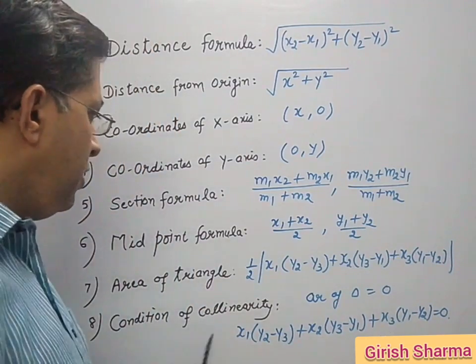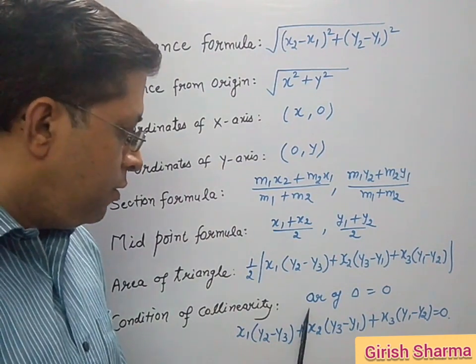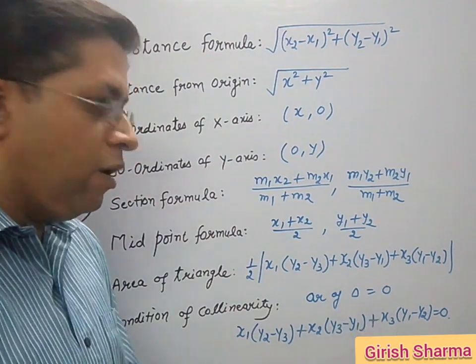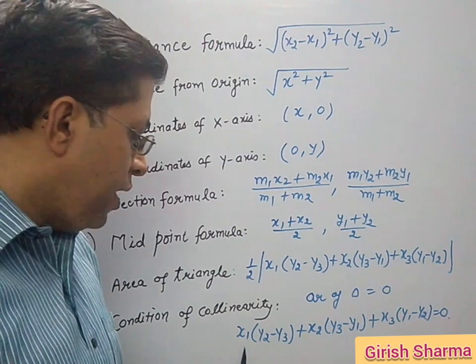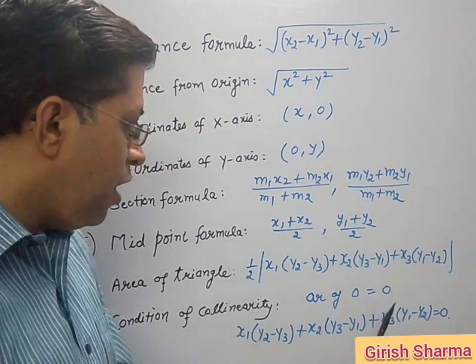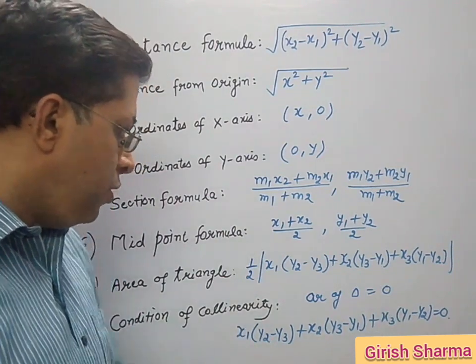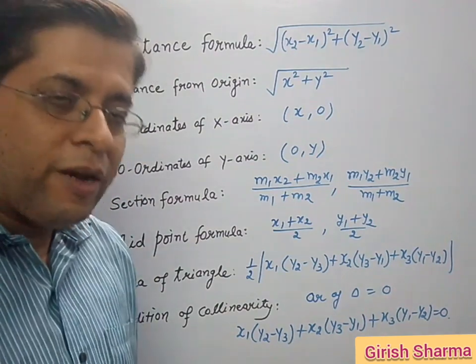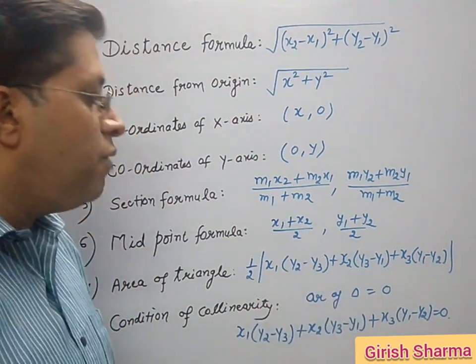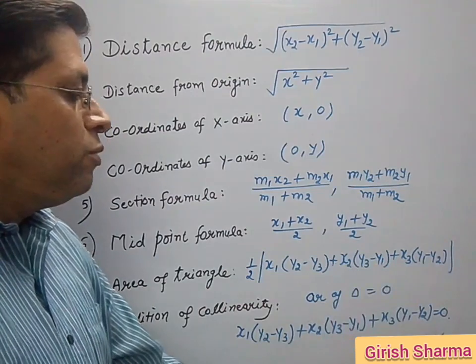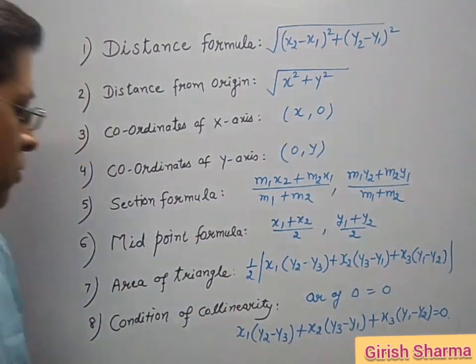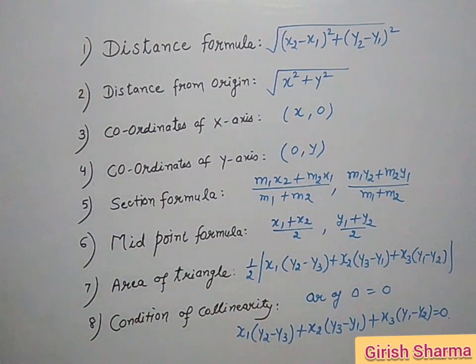Okay, what is the condition of collinearity? Area of triangle is equal to 0. So half times x1(y2 minus y3) plus x2(y3 minus y1) plus x3(y1 minus y2) should be equal to 0. This is your condition of collinearity.